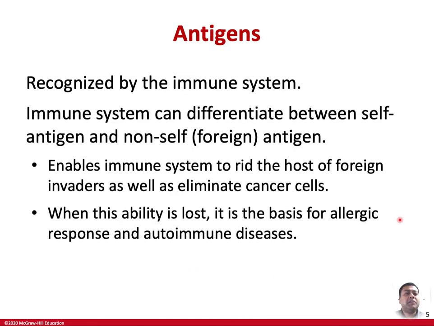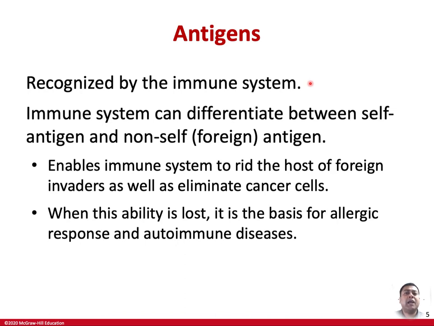So some definitions. What are antigens? So the antigens are recognized by the immune system, and the immune system can differentiate between a self-antigen or a non-self foreign antigen. So first of all, what is an antigen? An antigen is usually a protein or a glycoprotein or sometimes a carbohydrate complex which can be recognized by your immune system.